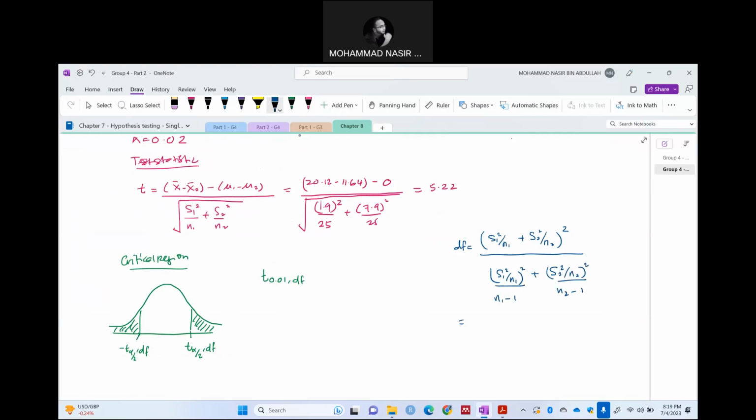Here it is (1.9 squared over 25 plus 7.9 squared over 25) squared, divided by [(1.9 squared over 25) squared divided by 24, plus (7.9 squared divided by 25) squared divided by 24].